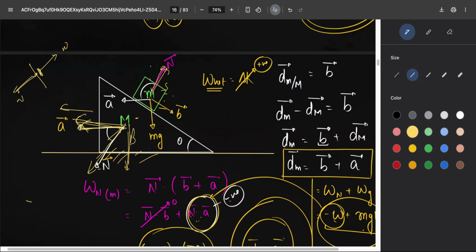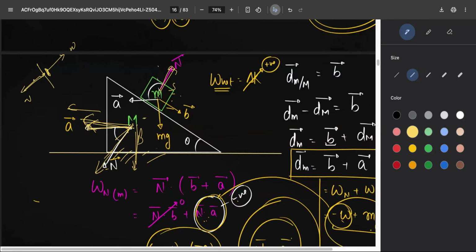Due to this, this is pushed toward this side, and this is pushed toward this side. But the problem is they are both connected to each other. So this block also has this N this side, this N this side. You can say they both have the same N value. This is the horizontal force. If you just look at the horizontal part, the wedge and the block are moving in opposite directions.